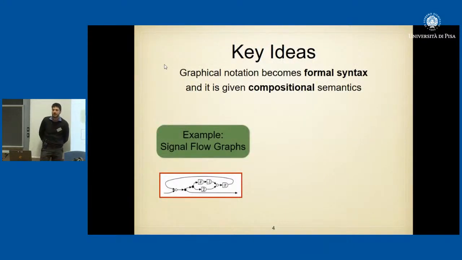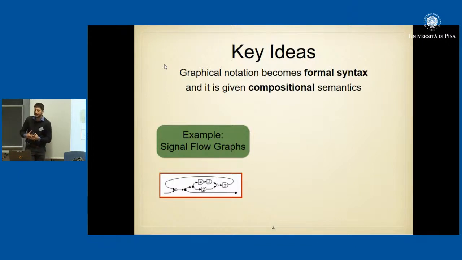How that works in a nutshell, let's see on one of the examples I gave in the previous slide. This, for instance, is a signal flow graph. This is a kind of circuit you find in control theory and engineering to, for instance, model linear dynamical systems. You can think of a signal flowing in and passing through some gates that transform it in some way.